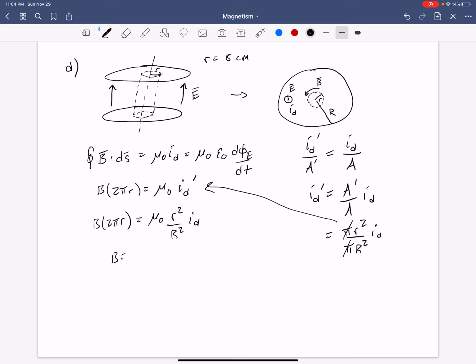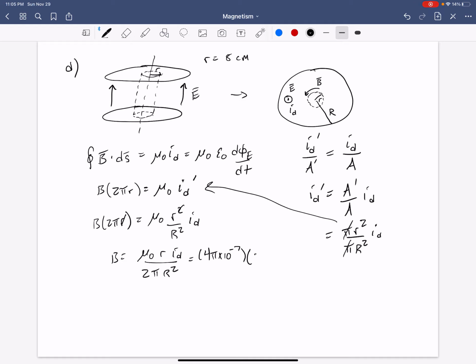And now getting an expression for B, we actually have mu naught. One factor of little r goes away. So mu naught r ID over 2 pi capital R squared. Right? And so now we know everything. We can plug in our numbers. Mu naught has a value of 4 pi times 10 to the minus 7, I believe. Yes, minus 7.